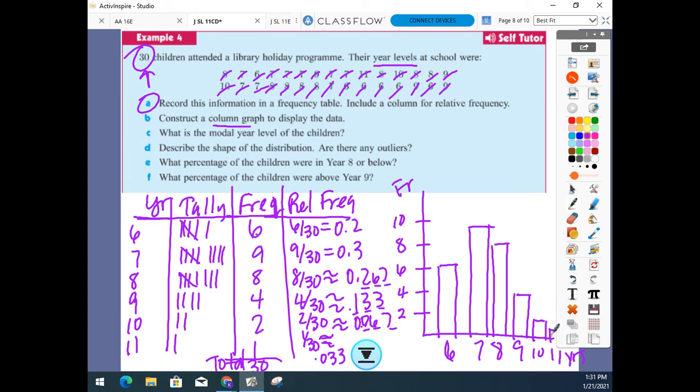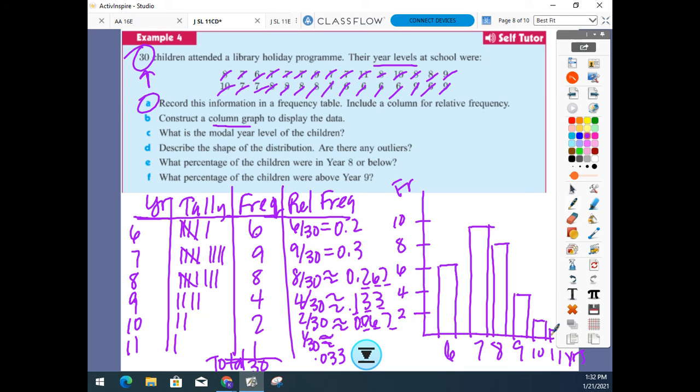And 1 for 11. Okay, so we now have all of our information organized. So now we're going to answer our questions based on the information that we just graphed. We just organized everything, so now it's really about answering questions from our organized data.